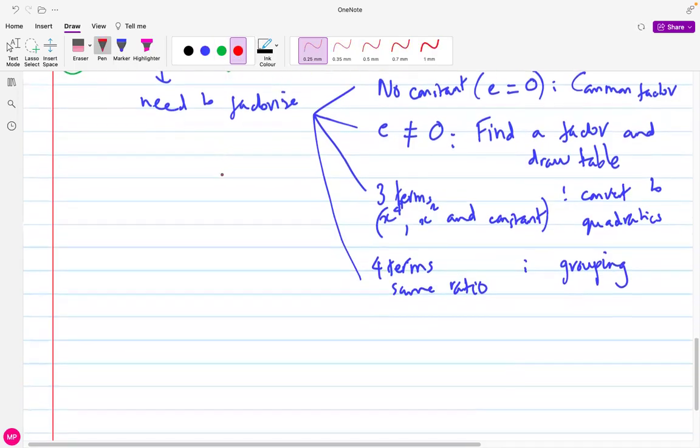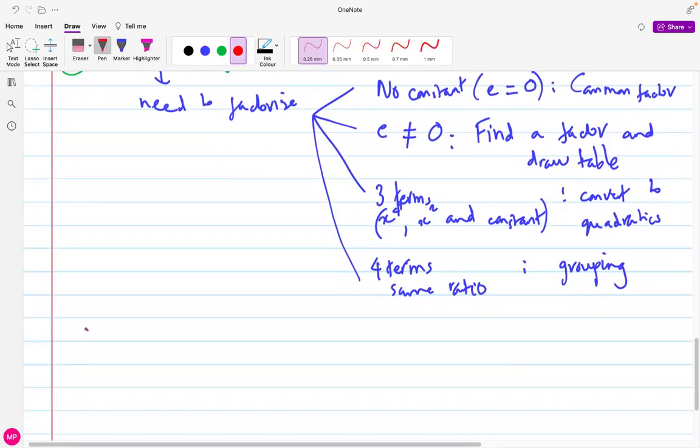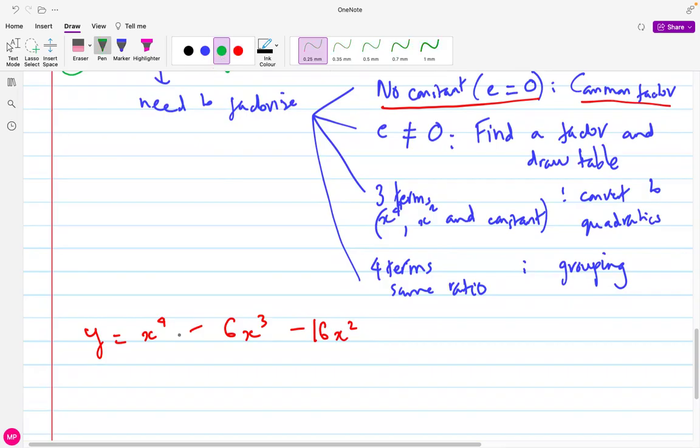So let's say my example is y = x⁴ − 6x³ − 16x², something like that. Technically I don't have any constant here, so I can take out the common factor, which is x squared. So I have x²(x² − 6x − 16).